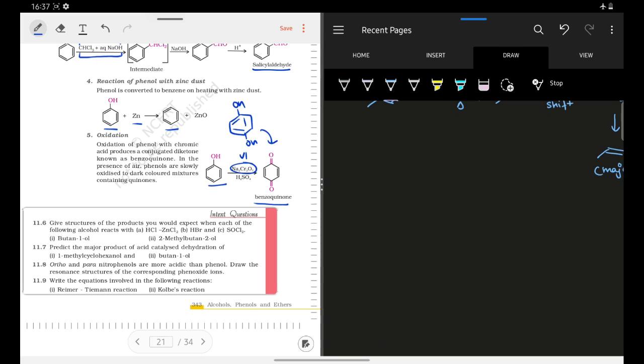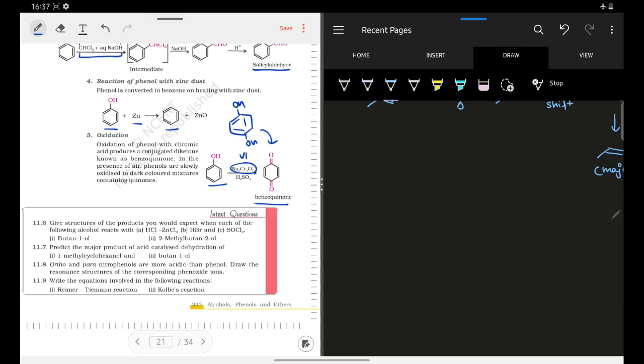There I also drew the resonating structures, and I told you that if you have ortho and para nitrophenols, then the conjugate base formed would be more stable. Why? Because the nitro group will stabilize that phenoxide ion. So that is the reason why these are more acidic, and you can draw these resonating structures, right?